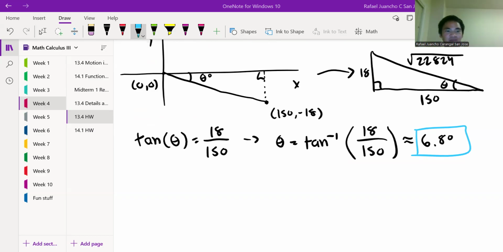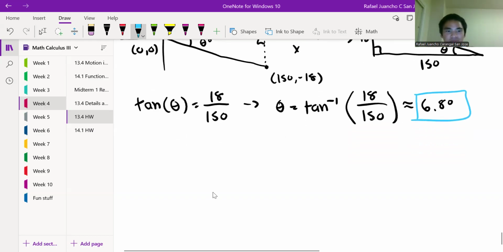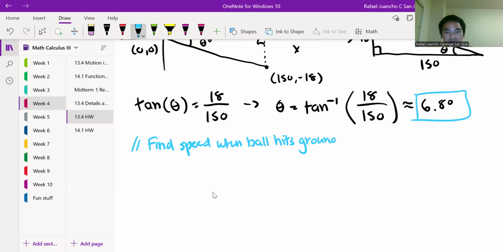Okay, now we want to find the speed. Well, here we just plug in what we know. So we find the speed at which the ball hits the ground. So what was that speed?